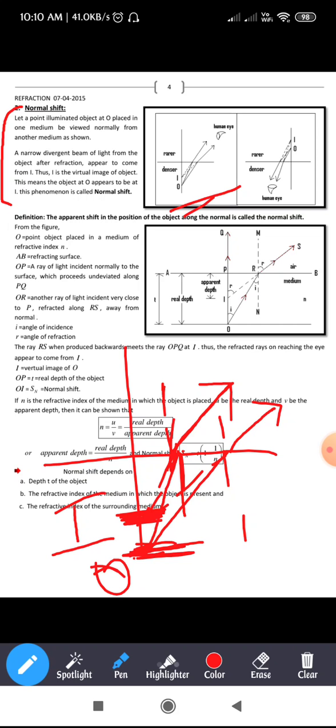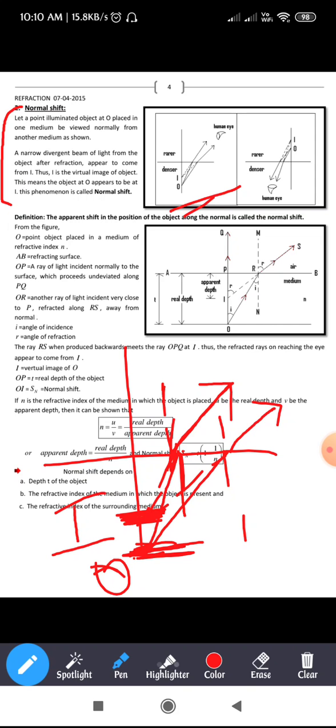The best example is when you go to a river. When you see the objects which are inside the river, on the ground, it appears like it is very close to you.